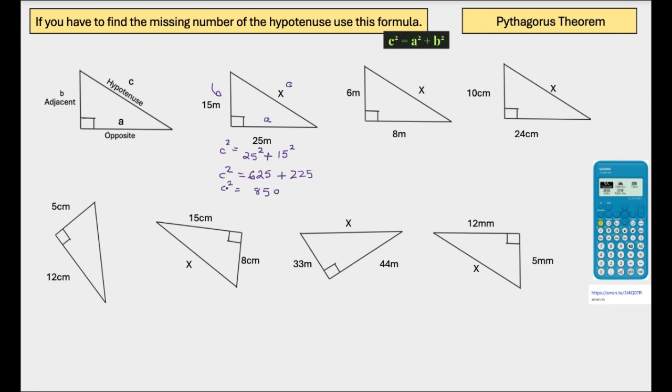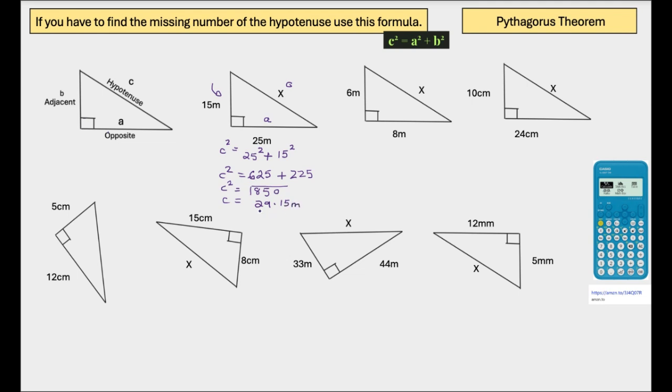And now we need to move the square root over so we can get C on its own. Pop that into your calculator and your answer will be, to one decimal place, 29.15 meters.